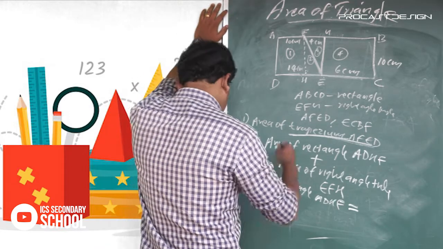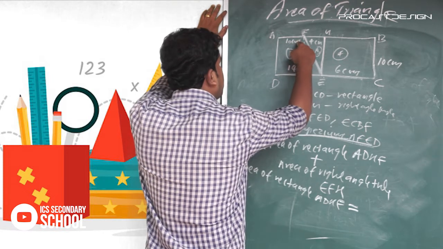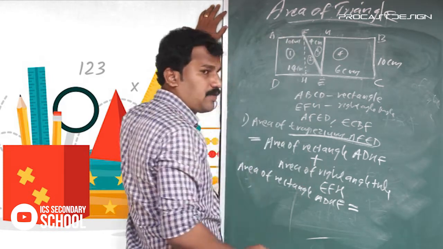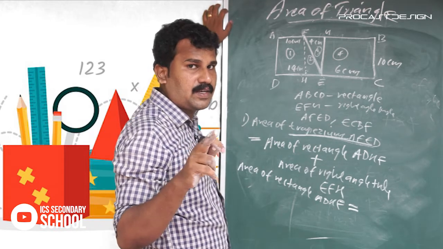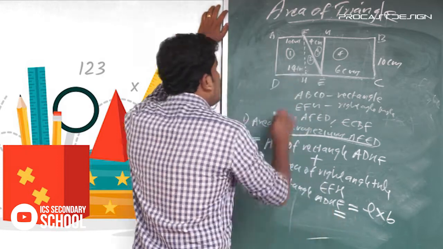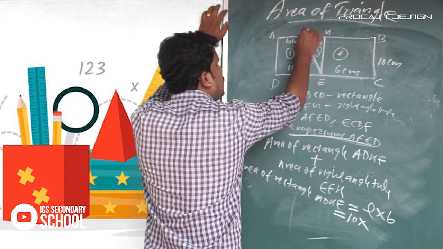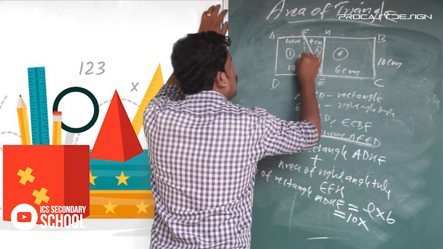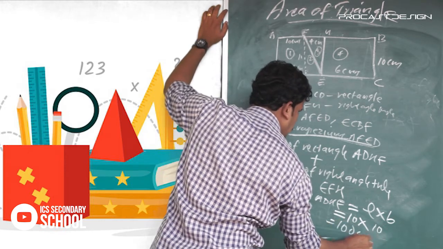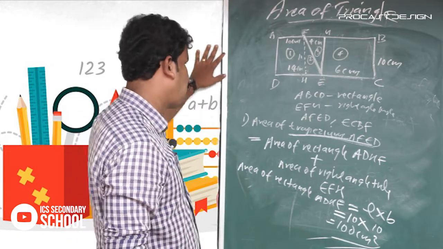Area of rectangle equals length into breadth, that is 10 into 10, that is 100 centimeter square. So the area of rectangle ADHF is 100 centimeter square.